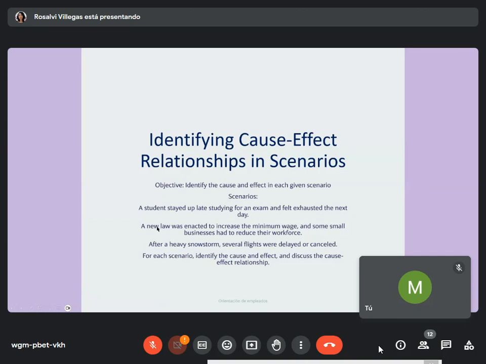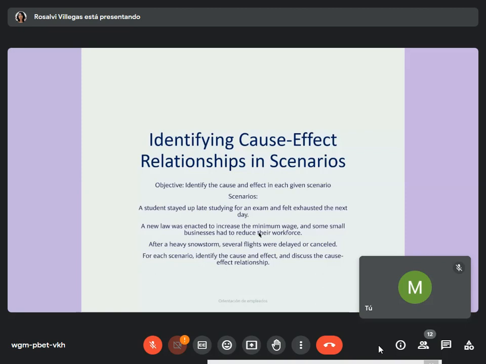In this other example: a new law was enacted to increase the minimum wage, and some small businesses had to reduce their workforce. So, what is the effect in here? I will repeat that because I don't know if you can read it.